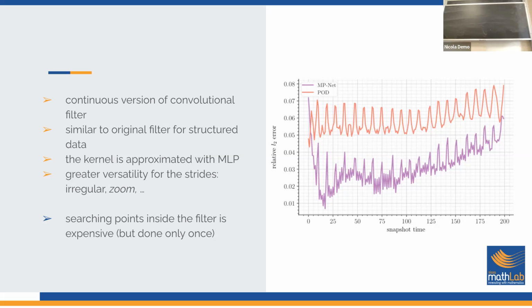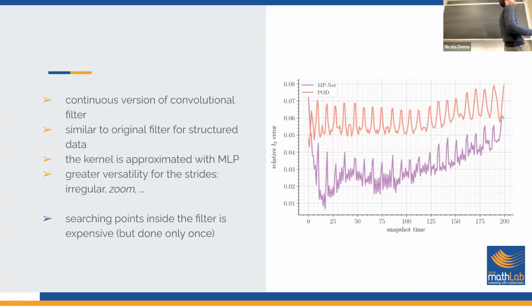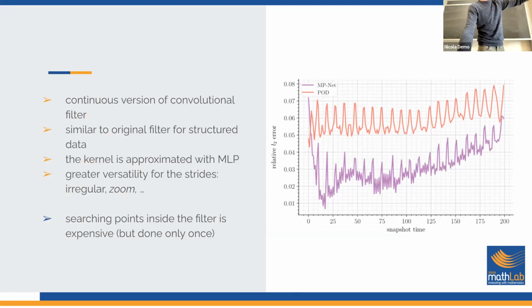I don't have the relative increment there, but it is quite better, and more importantly, it is better in all the domain, not just for the candidate solution that I'm showing you here. So for basically all the snapshots, we perform quite well at this level of compression. For this part, if I remember correctly, Dario, you can correct me, we used a dimension of 30, both for the POD and for the continuous convolutional.